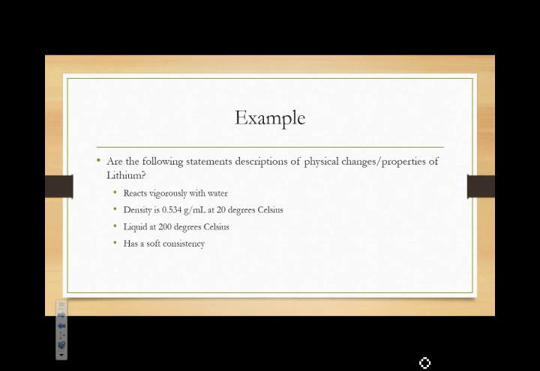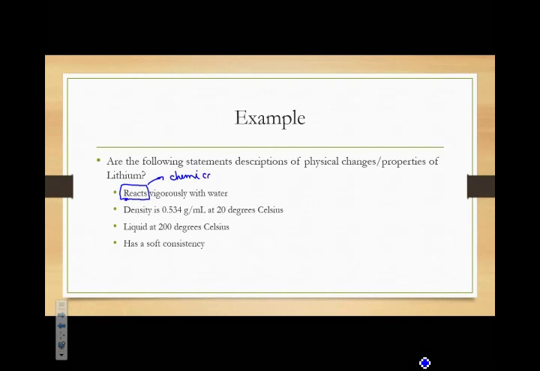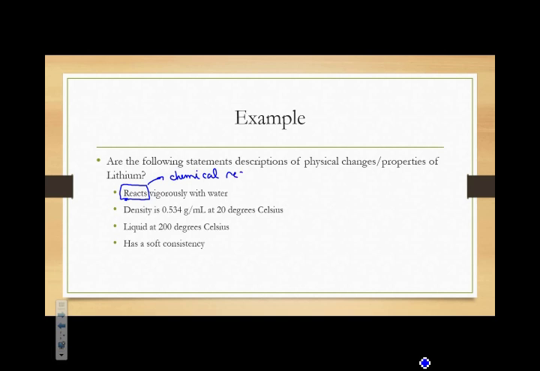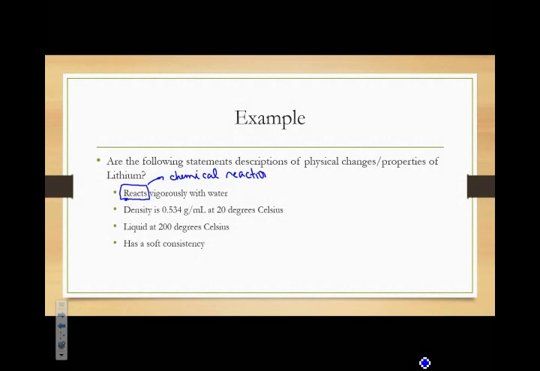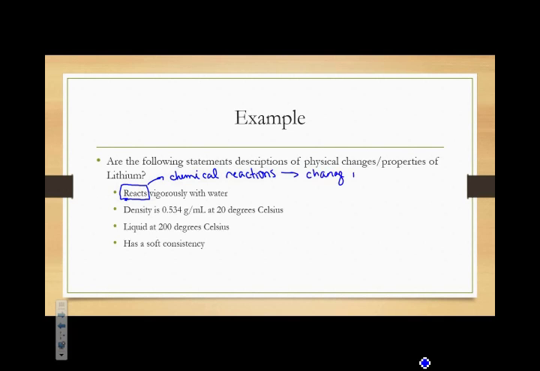Okay, so reacts vigorously with water. That "reacts" is telling me that this is a chemical reaction. And chemical reactions involve chemical changes, and they involve a change in the identity of the substance.